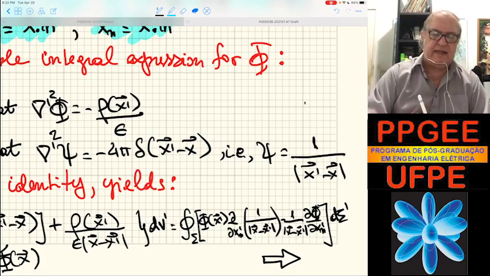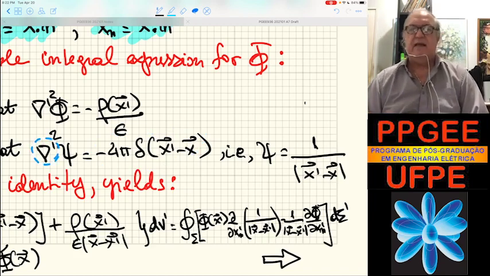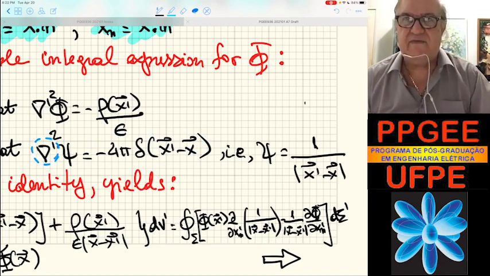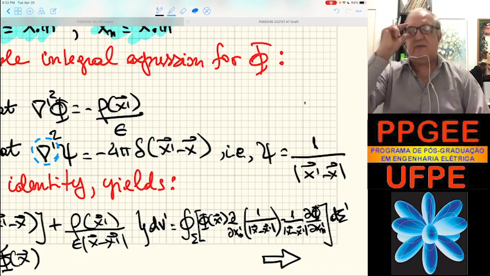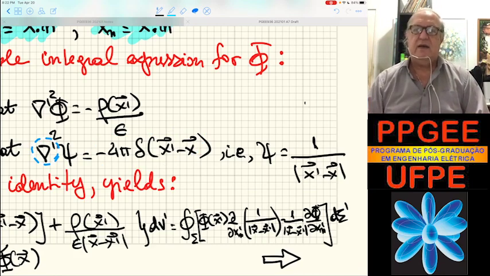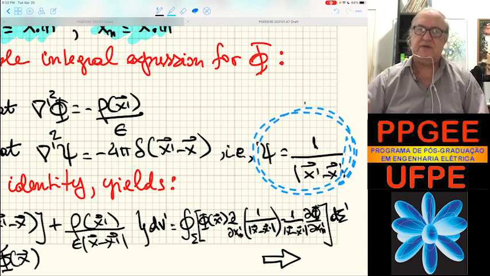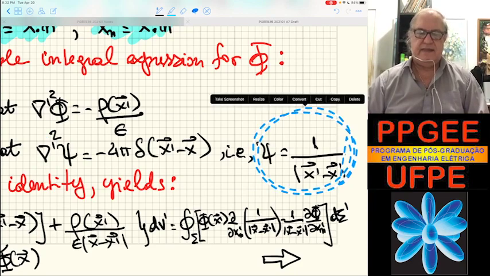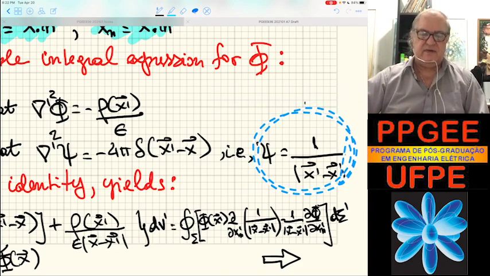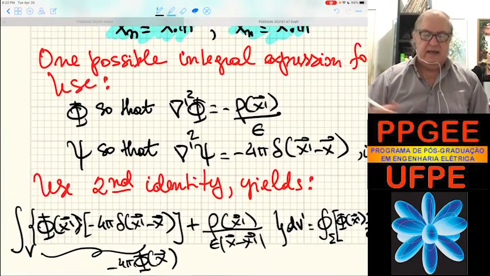Recall that I change here the prime, because I use the integration in the prime variable. Inside of the integration, we have the Laplacian on the primed variables. So let's use this function here as the second one, the inverse function. Then what happens?